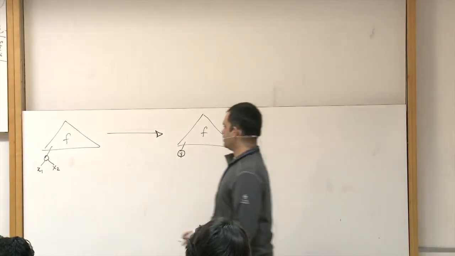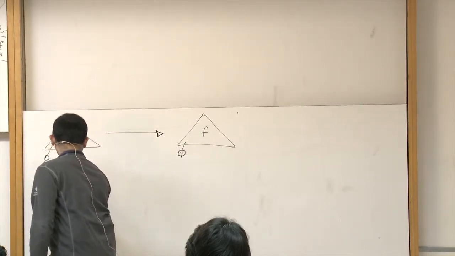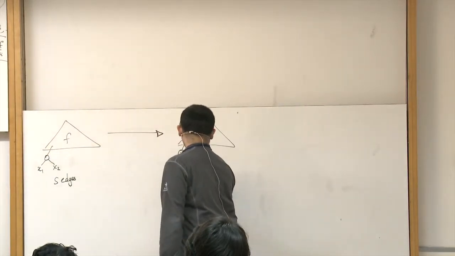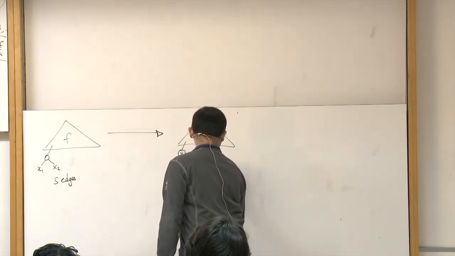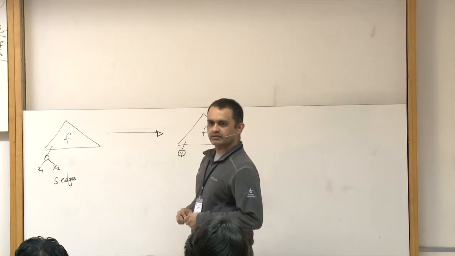So if this had s edges, then this one has at most s minus 2 edges, because I just got rid of 2 of them.